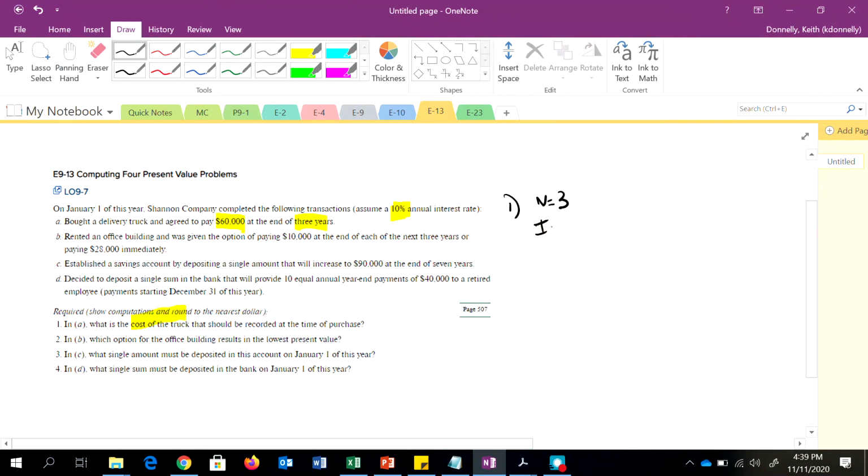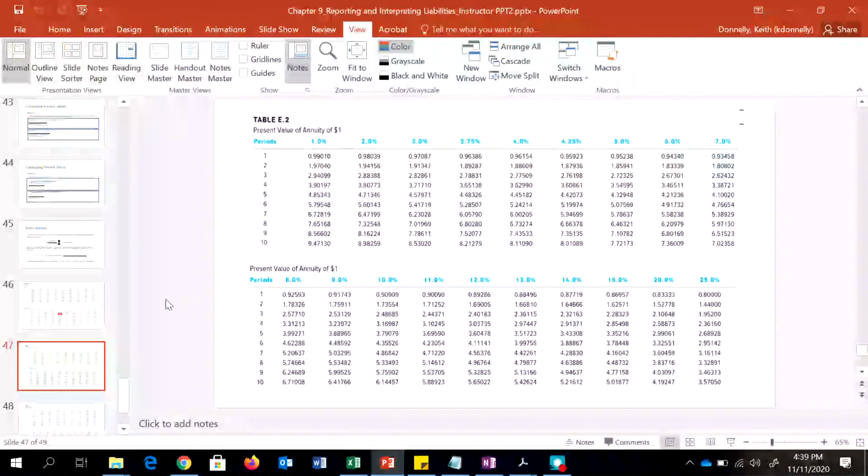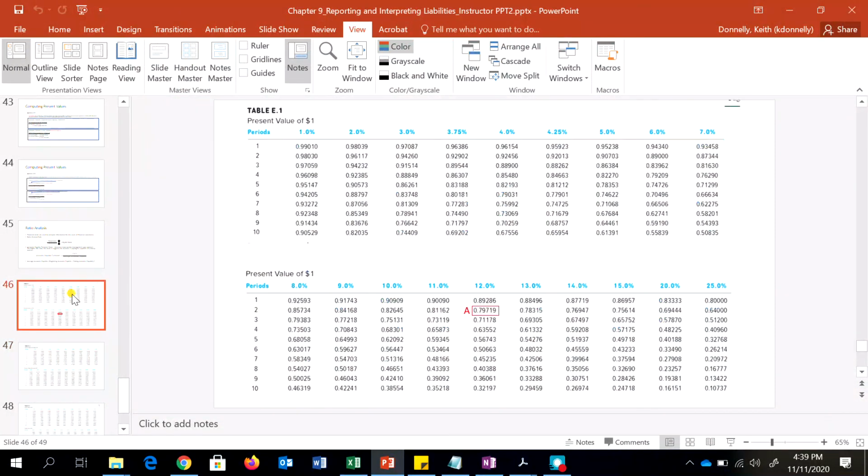We know our interest rate equals 10. And what we're going to do here is use the present value of a dollar table. So let's go to the present value of a dollar table, N3, I equals 10. So present value of a dollar, N, number of periods is 3, I equals 10.